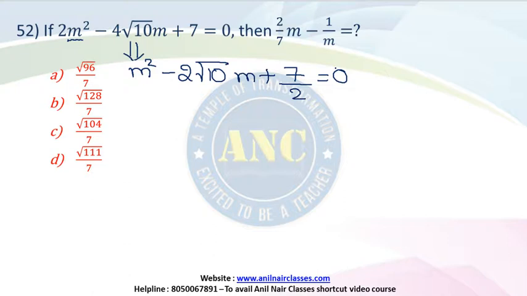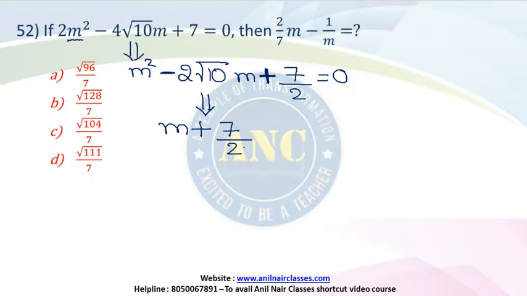Now can I say from this, because this quadratic equation is given, I can directly write it as, because the constant has a plus sign, m plus 7 by 2m. I hope you are understanding the logic.